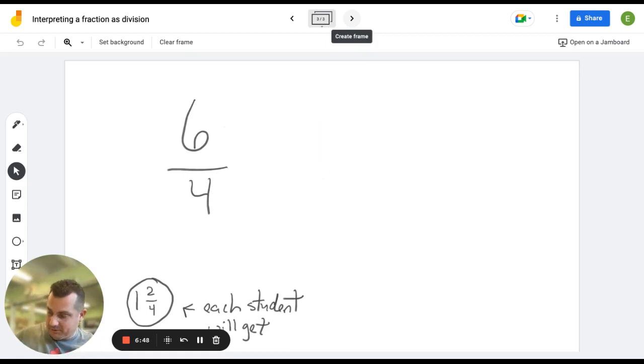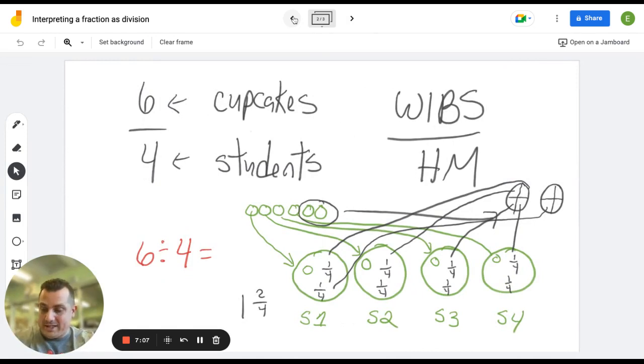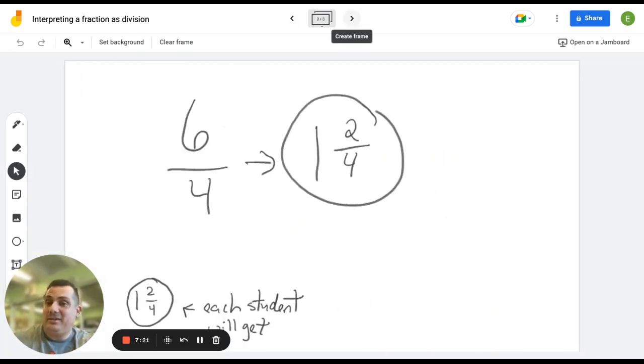And how much was left over? Well, that was 4, 5, 6, 2. And our denominator stays the same. 1 and 2/4. You take a look at that. That is exactly what we did over here. That's how we had our 1 and 2/4. So 6/4, when we have a fraction, that is how you could interpret it as division.